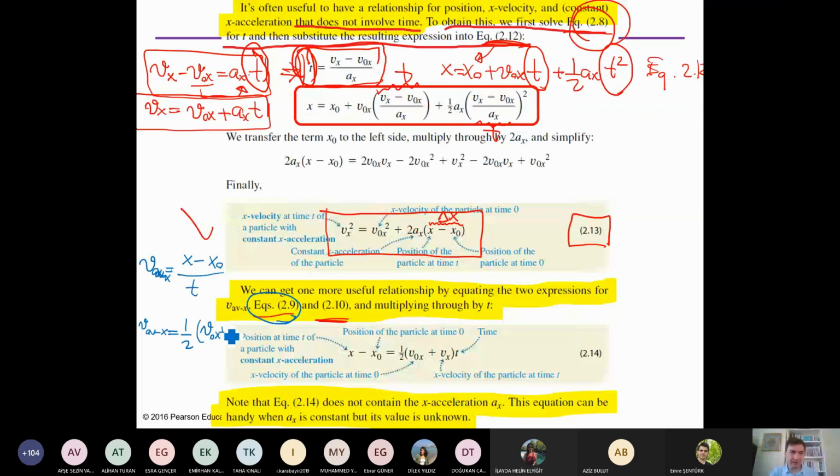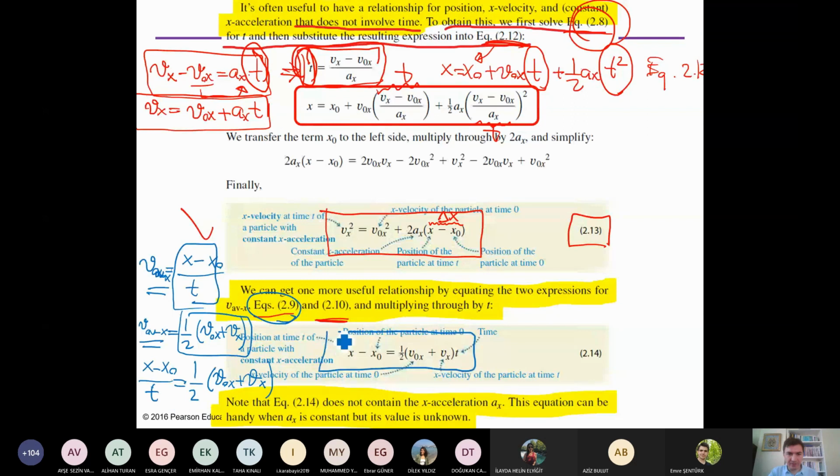So both of them are the same, and just take them: x minus x0 over t. Sorry, here we don't have 2, we have t. Here we have t. Okay, so just multiply this side with t and multiply this side with t. Then finally we will get this expression.